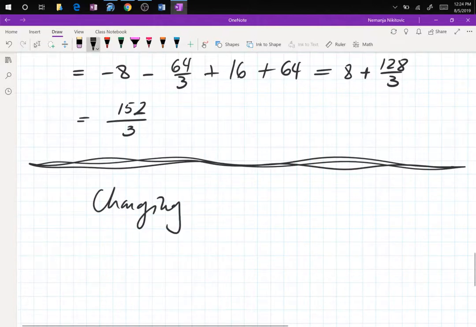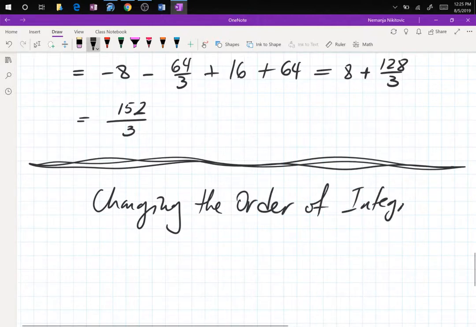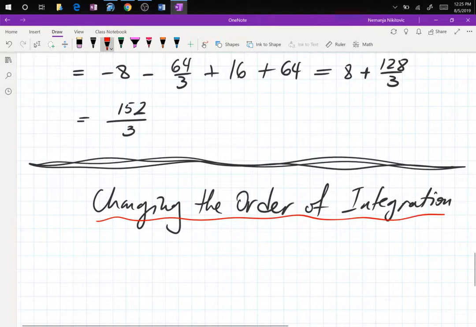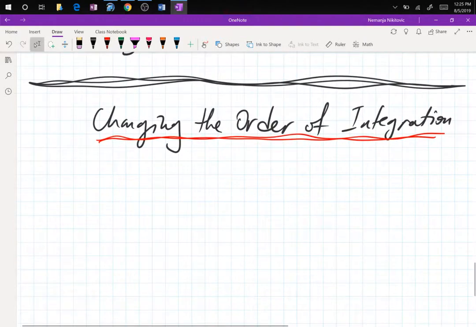Changing the order of integration. Now this is a biggie. You can't just swap. If you swap, then the outer integral, which was all numbers, is going to get variables in the end, and it's just not going to work out the same.